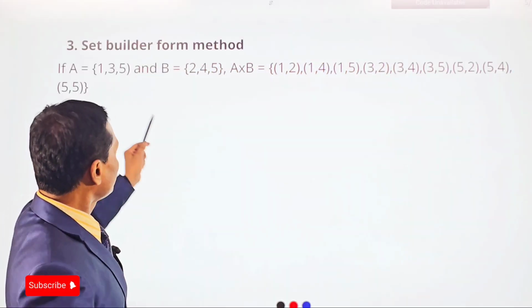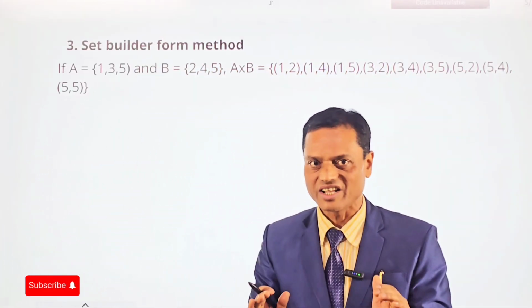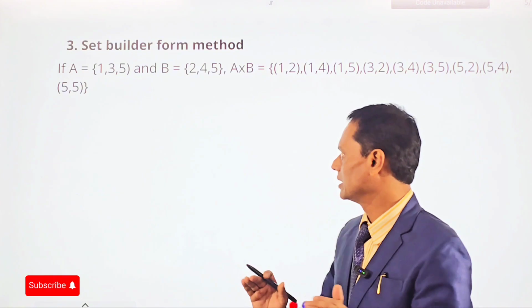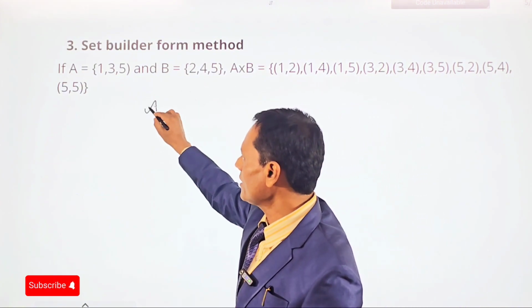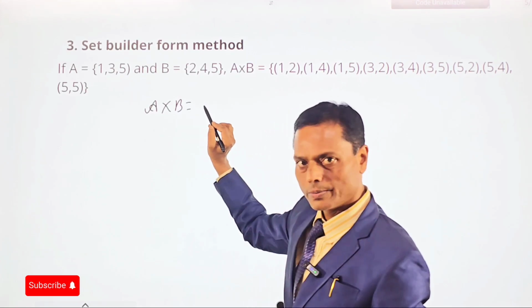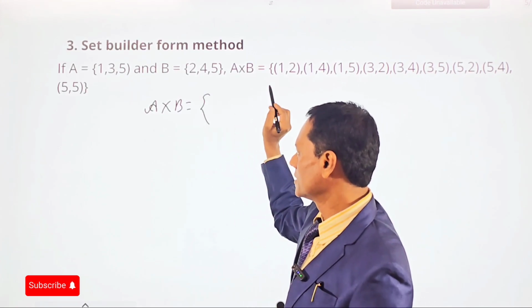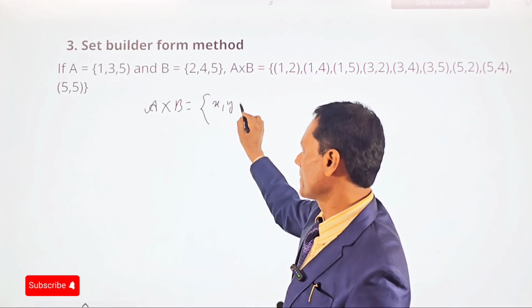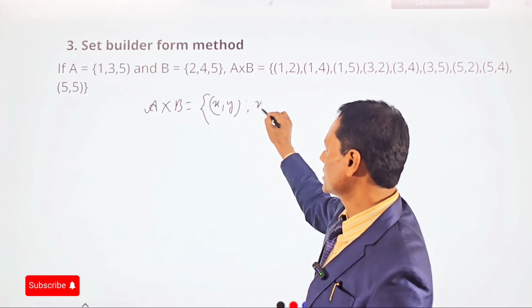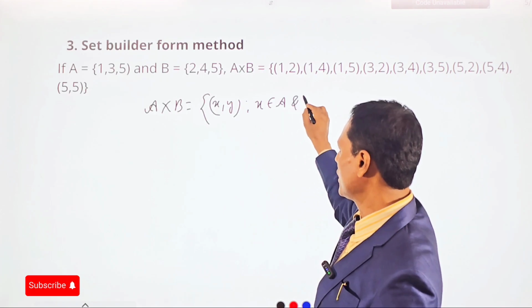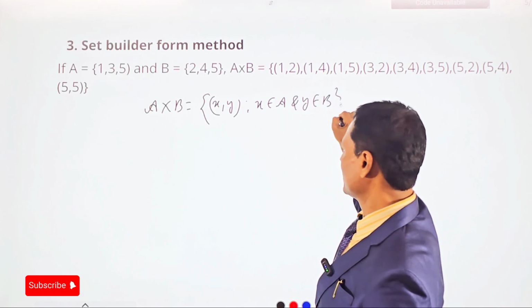The next way is the set builder form method. It's very easy. In this case we write A cross B equals curly bracket, (x, y), such that x belongs to A and y belongs to B. That much only.